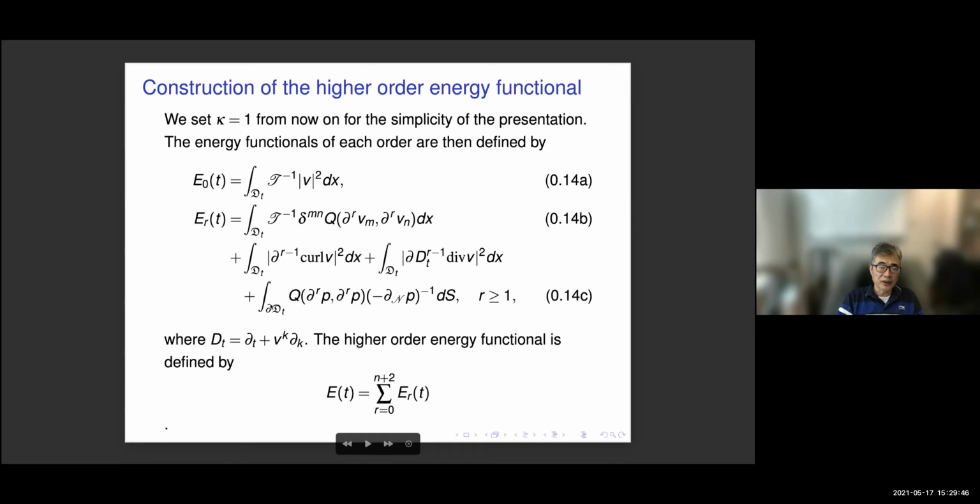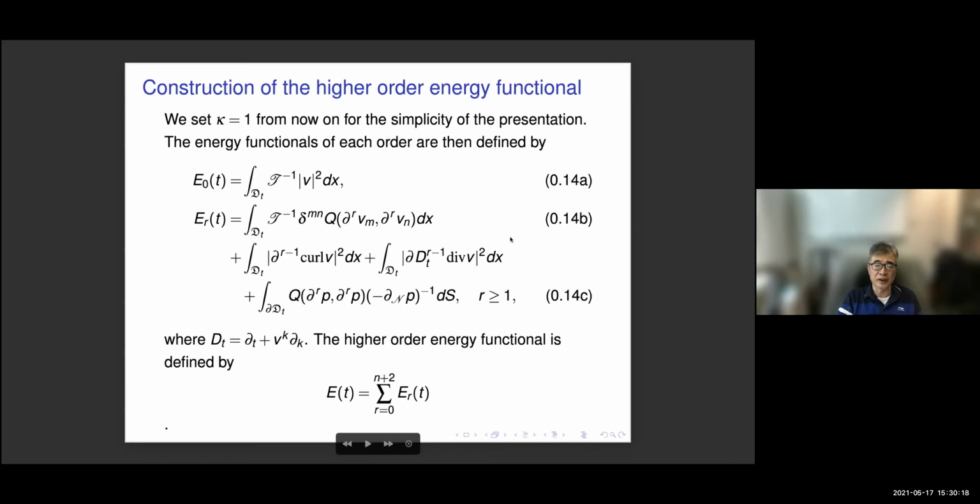Therefore this boundary integral is introduced such that the time derivative of this boundary integral has a leading term that cancels the leading term of the boundary term obtained by using integration by parts, as I mentioned just now.